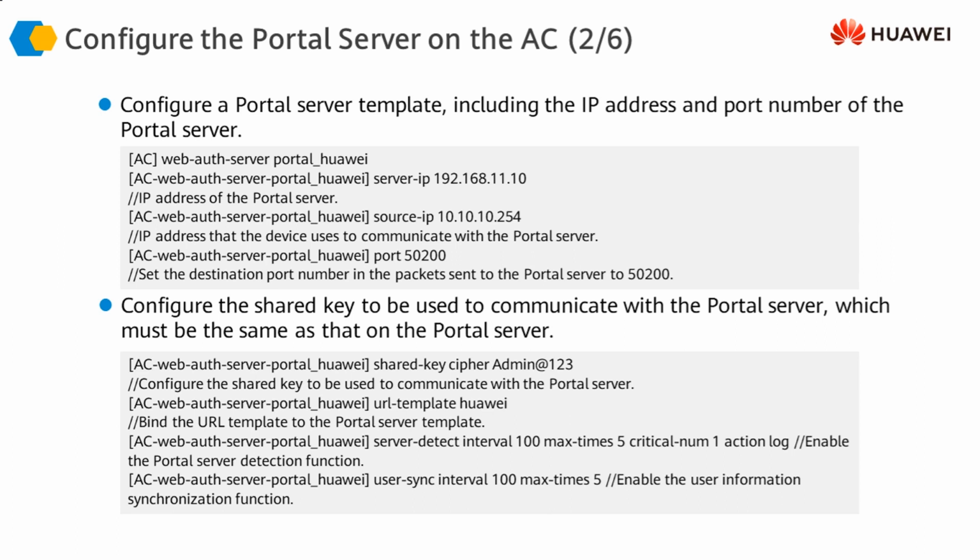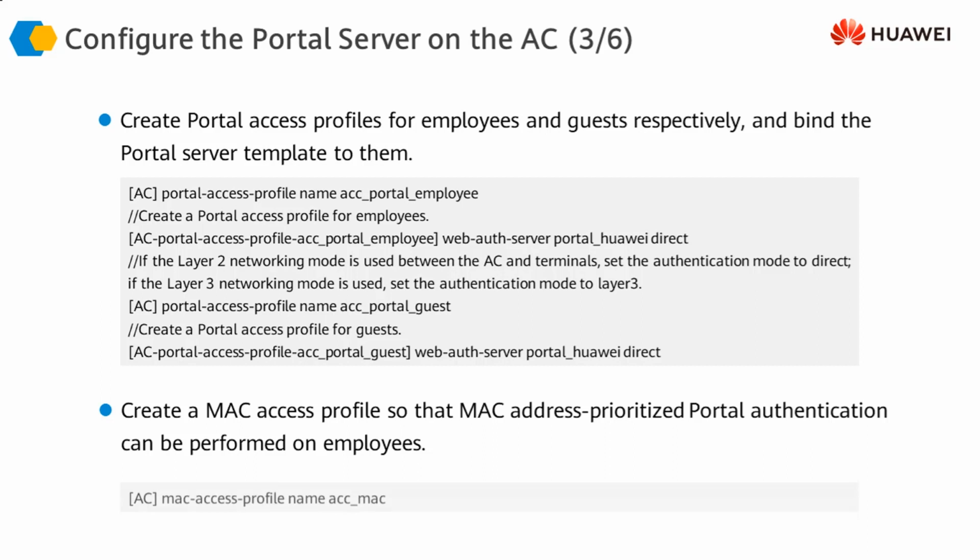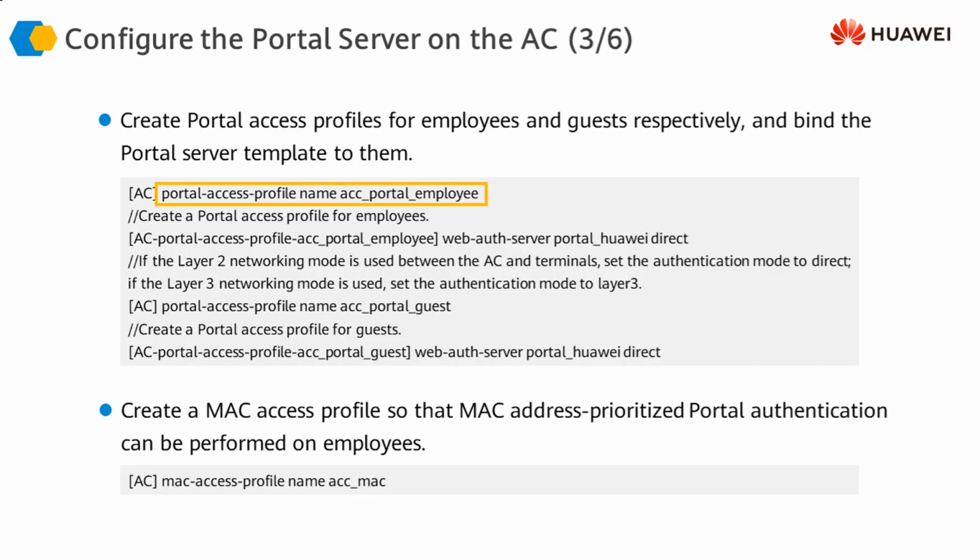Once we've configured the portal server template, then we configure the portal access template or the portal access profile. We name it access portal employee, and then we configure another access profile for the guests. You can see we configure two portal access profiles, one for the employees and one for the guests.